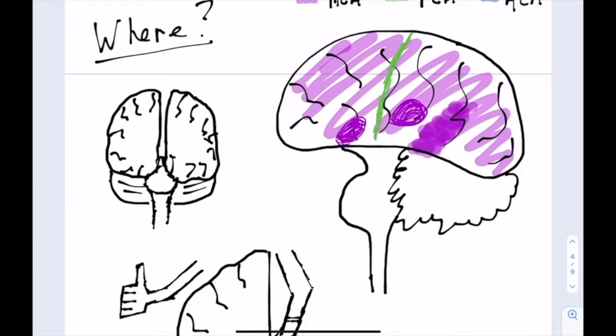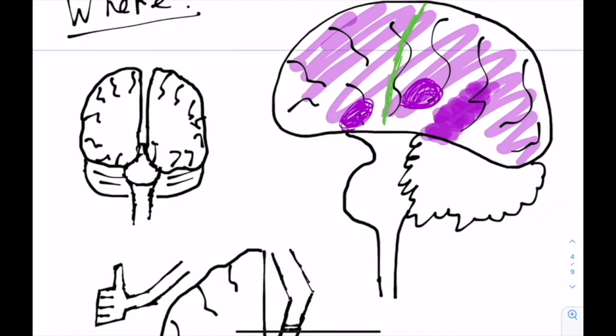Another important part of the area fed by the MCA is this area right here. This line delineates the separation of the two gyri, which are just parts of the brain that do motor and sensory. That's important to realize because you can have both motor and sensory issues. So I could have an issue where my arm can't move, which is classic, or I can also have an issue where I'm just not feeling a lot of sensation in my arm.